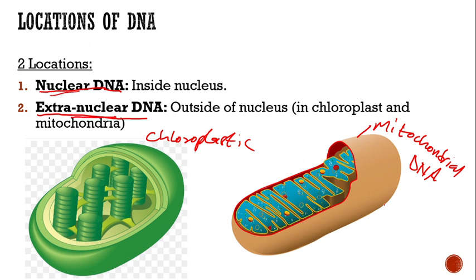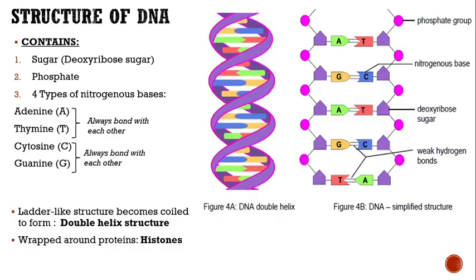Because each and every cell has mitochondria. And if it's a plant cell or other organisms, for example protists, there are mitochondria and chloroplasts. Chloroplast DNA as a whole. So that's the location of DNA.